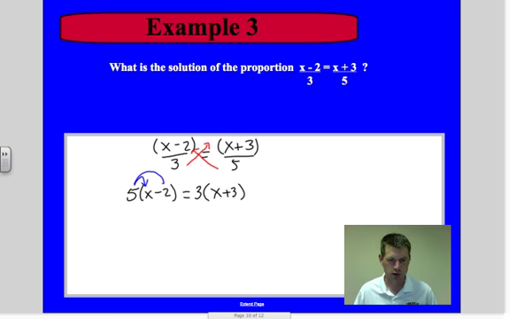So again, as we talked about earlier, distribute property has not gone away. So 5 times x, we get 5x. Awesome. Okay, 5 times negative 2, we get negative 10. That's equal to, well, we got to distribute on the other side. Okay. So 3 times x, we get 3x. 3 times 3, we get plus 9.